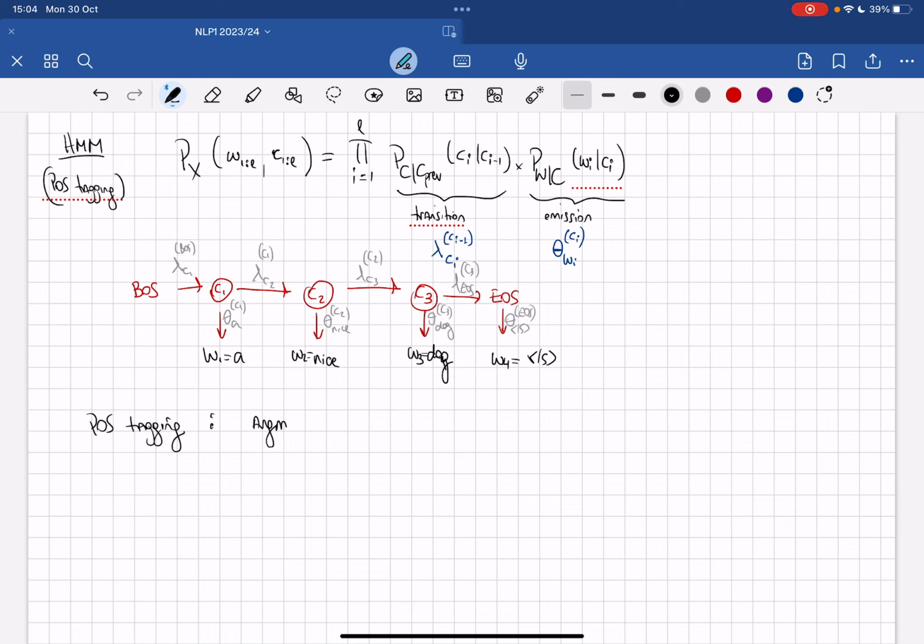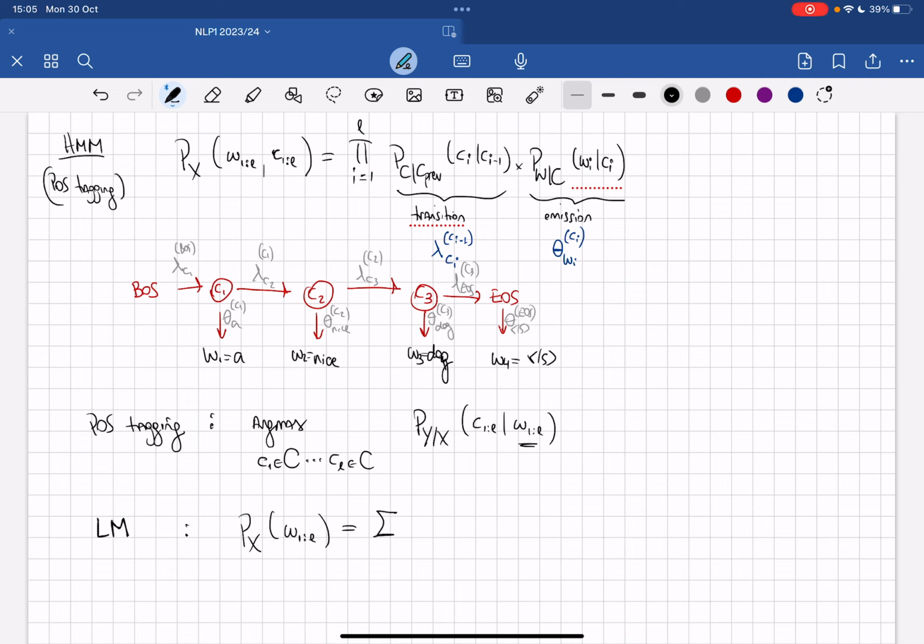There you would look for the tag sequence that maximizes the posterior probability for a given input. Or, for example, you might be interested in a language model, and then what you actually want to do is evaluate the marginal probability of the word sequence.